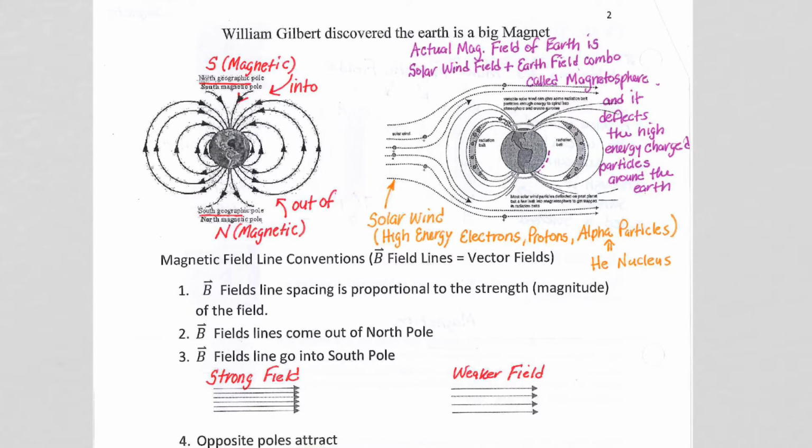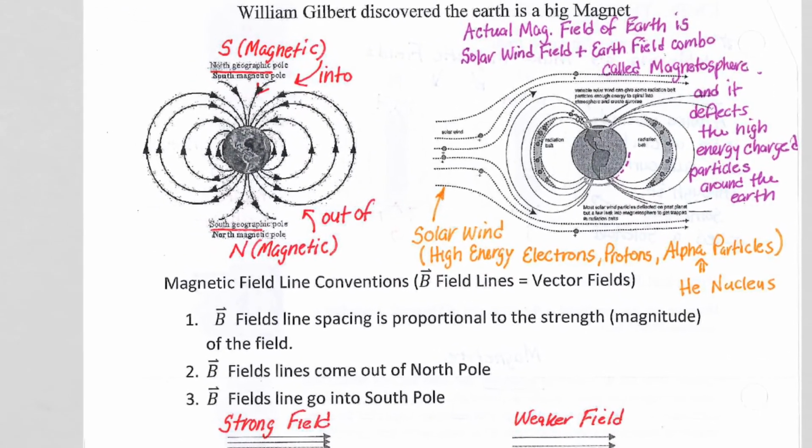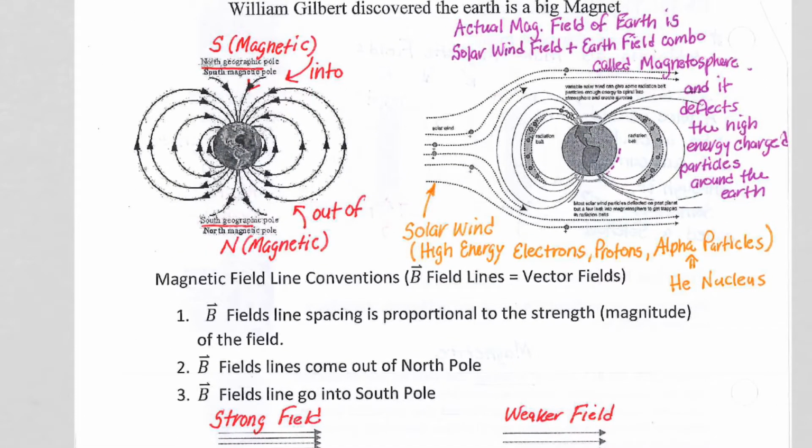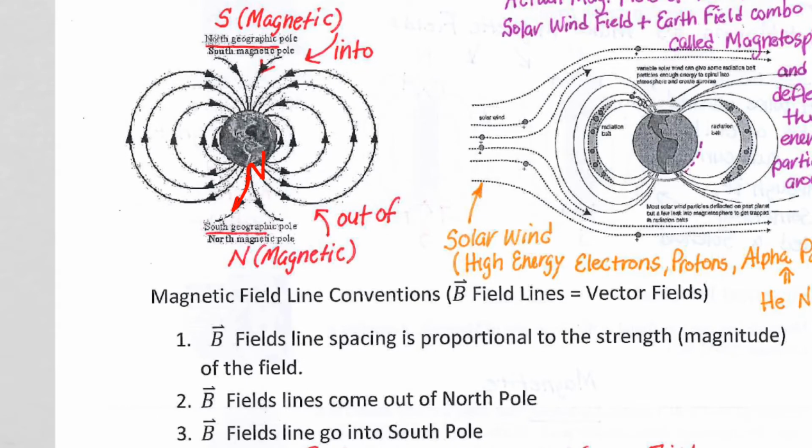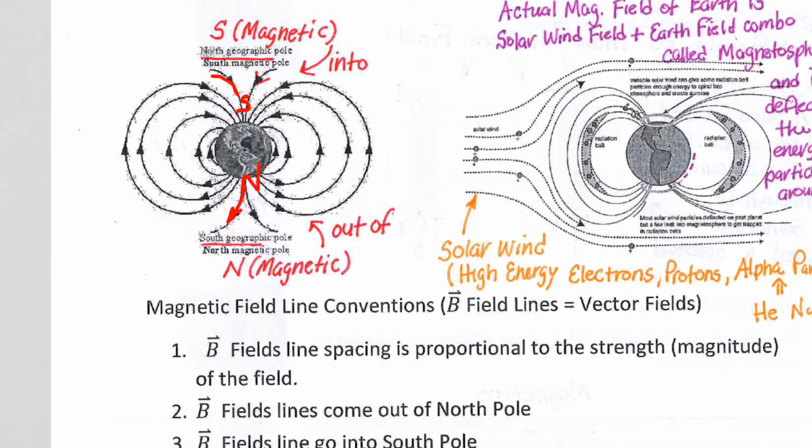So the Earth generates a magnetic field, and one of the things I definitely want you to get down into your notes is the fact that the magnetic field lines come out of north and go into south, and this is really inverted relative to geographic north and south. So the North Pole is south magnetic, and the north magnetic pole is Antarctica, south geographic.